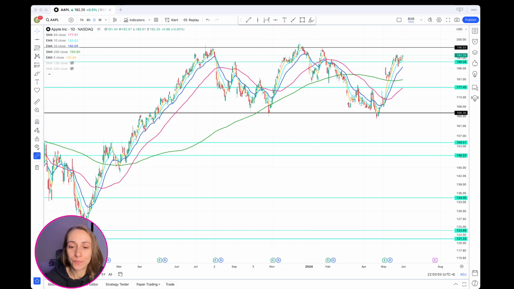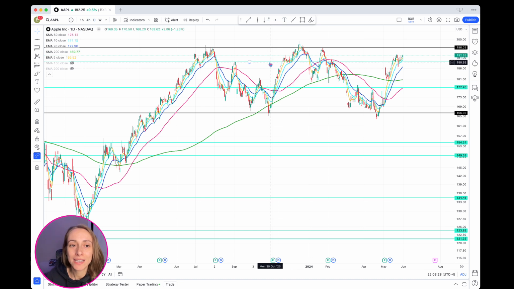So let's say I'm in here because it met my criteria, and it is not at the top. It is at the bottom and at a place of previous support or resistance. So I get in, I'm feeling confident, and I let it ride.